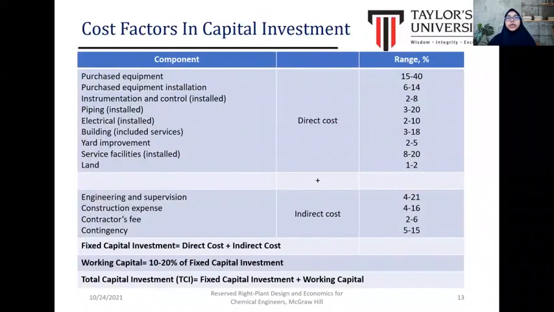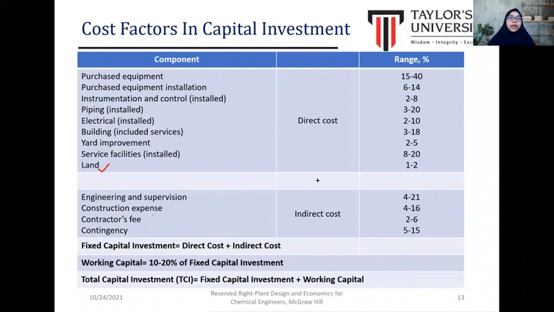Okay, this table shows the cost factors in estimating the total capital investment. The components for direct and indirect costs are listed here, where we can see that the highest range for direct costs is obtained by purchase equipment, and the lowest is the cost for the land, which covers 1 to 2%.